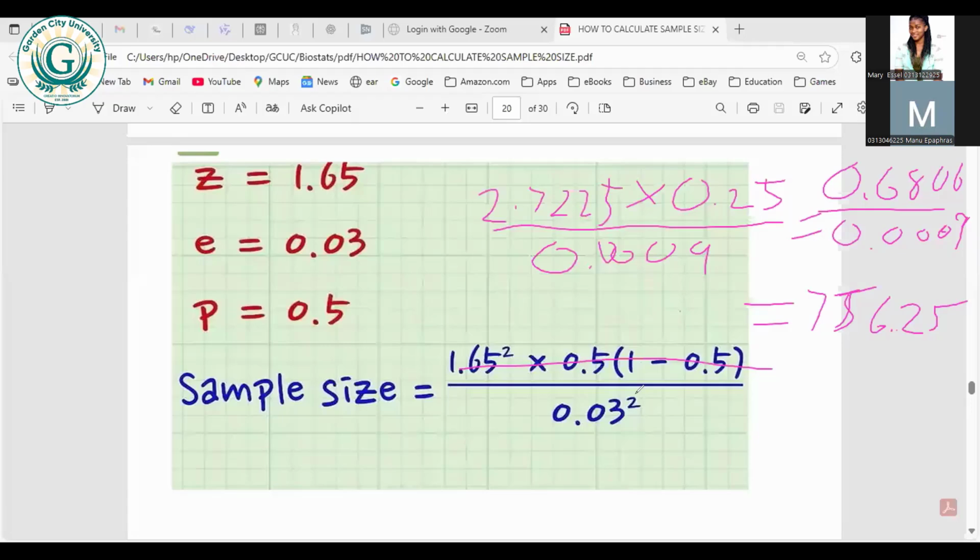Why not? You can go, but you need to justify. I keep telling my students that in research you can do everything, but you need to justify why you are doing that. Will you arrive at the same answer? No, you will not arrive at the same answer. How can you arrive at the same answer? Look at the formula. Okay, thank you.